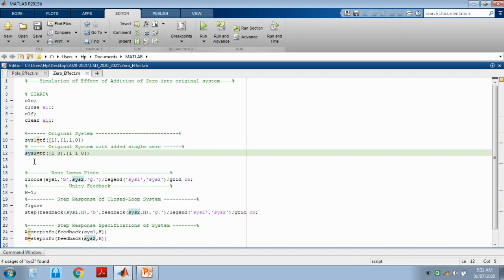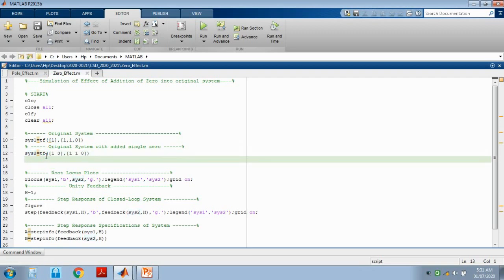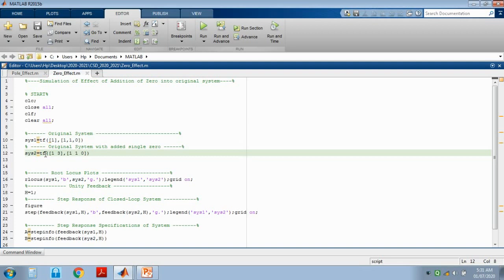Similarly, system 2 with the added 0 at -3 has the transfer function G(s) equal to k into s plus 3 upon s into s plus 1, entered into MATLAB using the transfer function command. So I have a system without 0 and a system with 0.